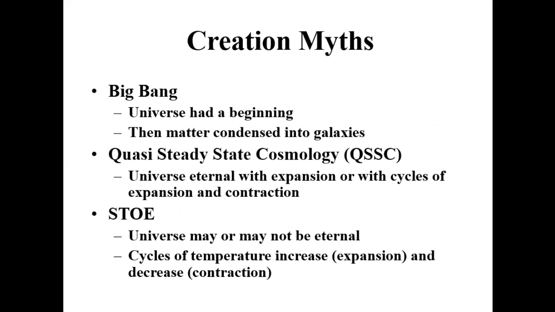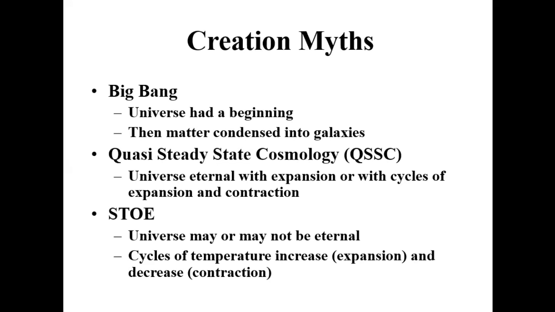Physics has three general kinds of creation myths. The Big Bang, of course, where the universe had a beginning, then matter condensed into galaxies. The Quasi Steady State Cosmology suggests the universe is eternal with expansion or with cycles of expansion and contraction. And then we have the STOE creation myth, which doesn't really say much about how the universe came to be.